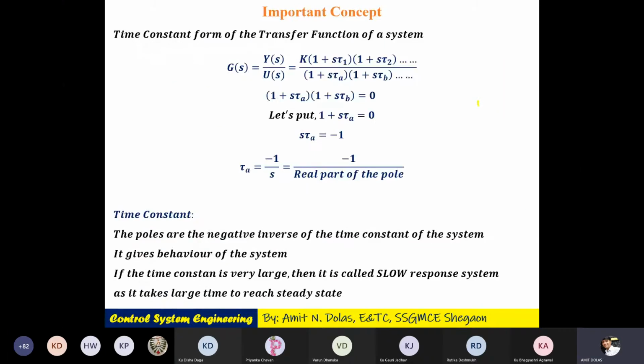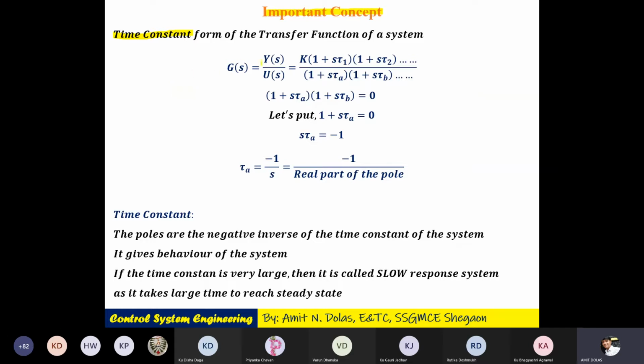Let's come here. One another important concept, one another form of the transfer function is the time constant form. Here we can identify the response time. According to the value we are getting, we can justify whether the system is slow or fast.